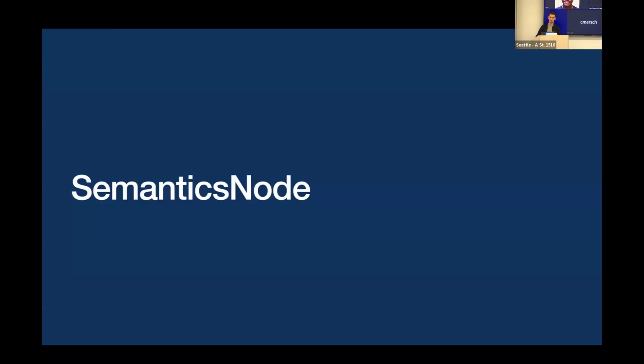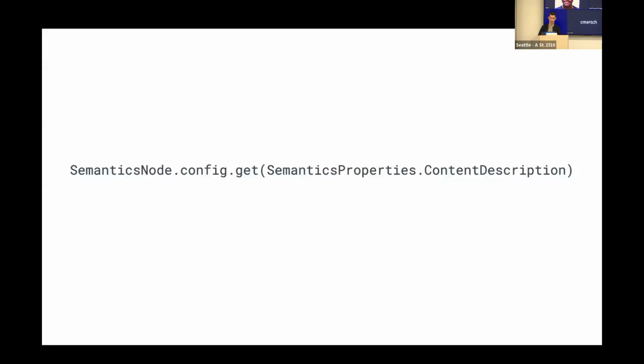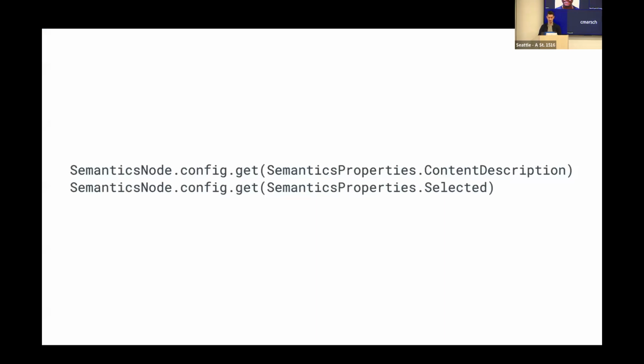In Compose, however, there's a bit of a difference, just due to the structure of how UI is built and the state management of Compose. Semantics node is the Compose side of the accessibility tree. So semantics node includes many of the same features and properties that are in accessibility node info, like content descriptions and selection states.